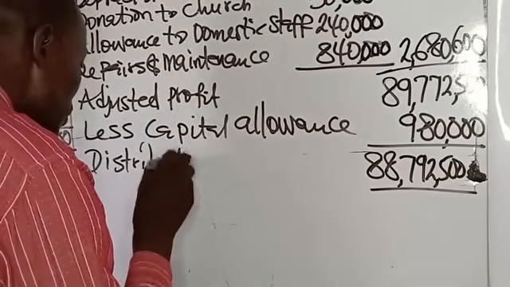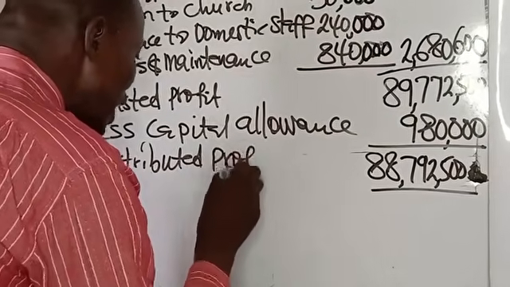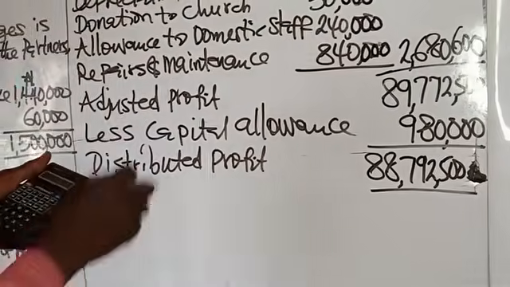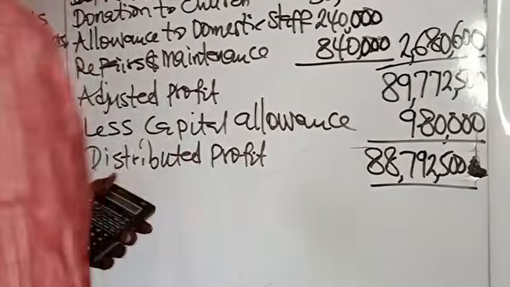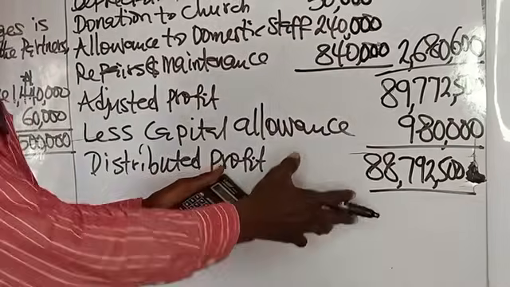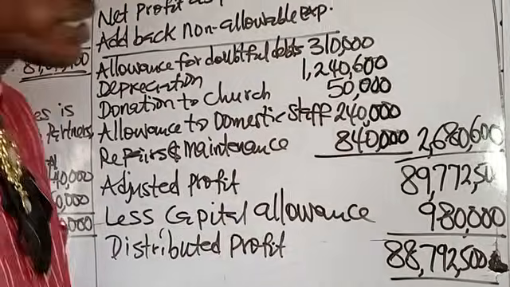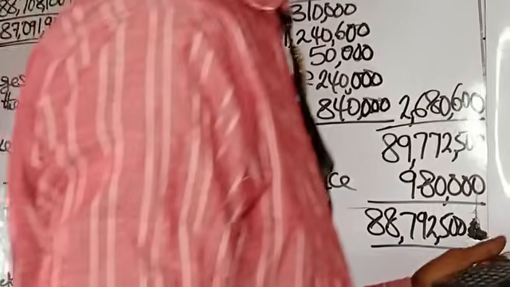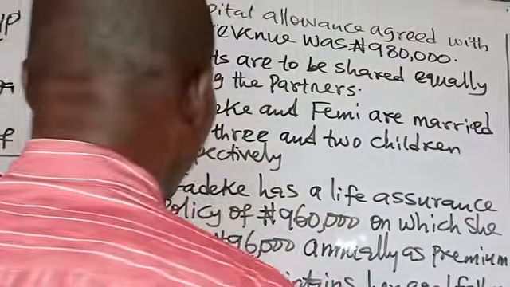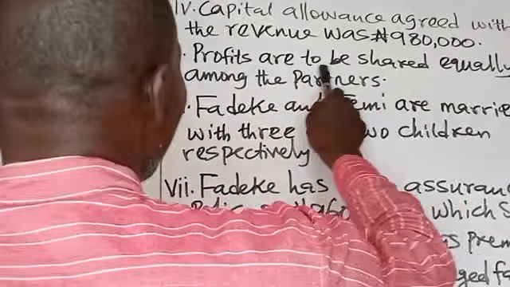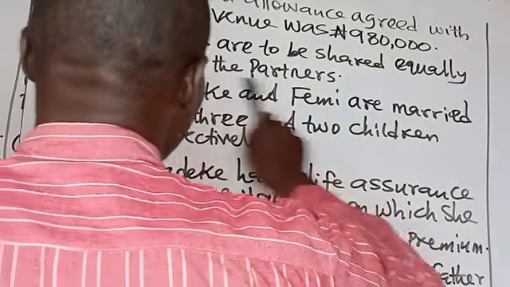That is the distributed profit. That is the profit of the partner that is available for distribution. This profit will now be shared among the partners in their profits or losses sharing ratio. What is the profit or losses sharing ratio of the partners? Note 5. Profits are to be shared equally among the partners.